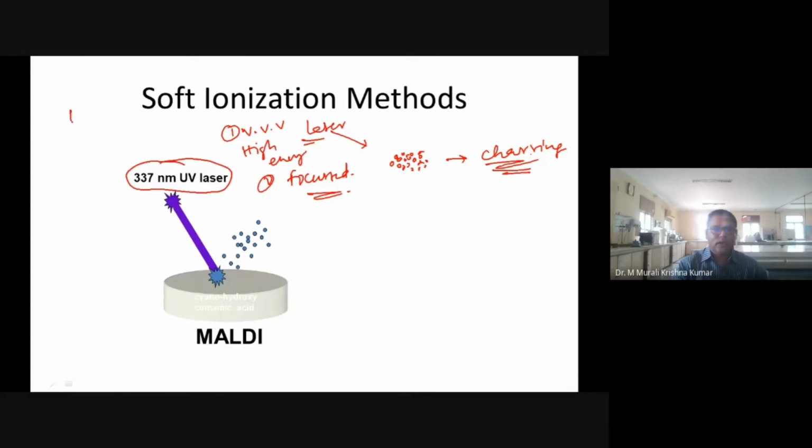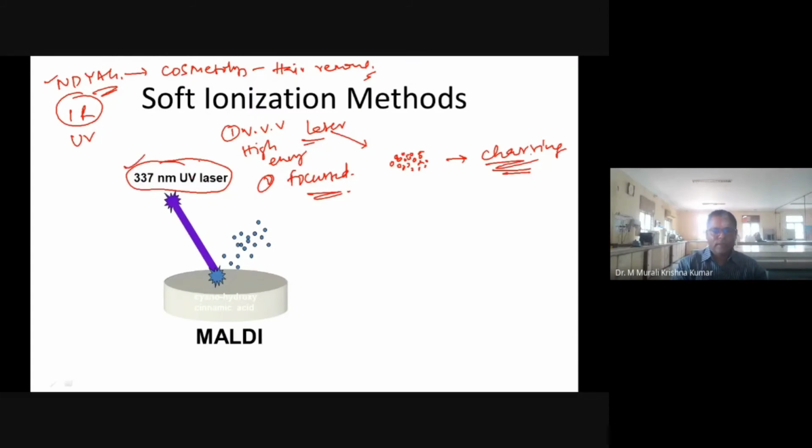We can use an IR laser or a UV laser; many different types of lasers are there. Among IR lasers, you might have heard about the Nd:YAG laser. This is used in cosmetology, in hair removal. In the case of UV, they use a UV laser.